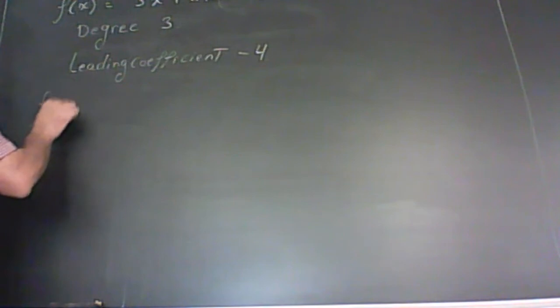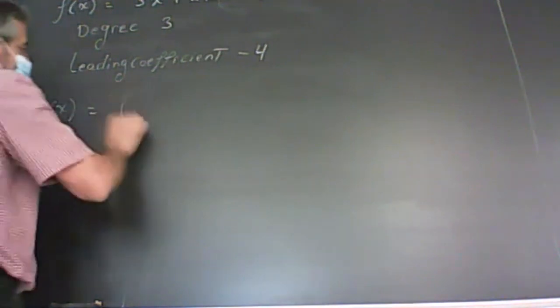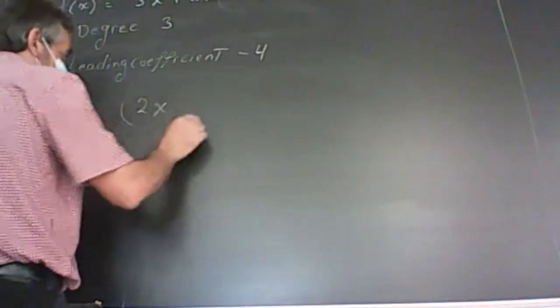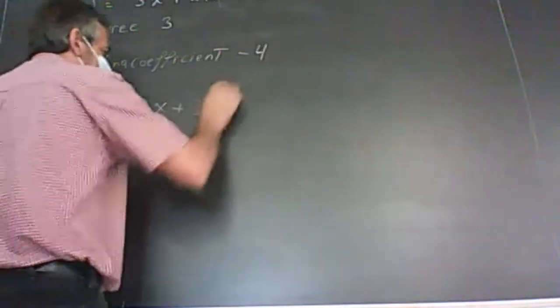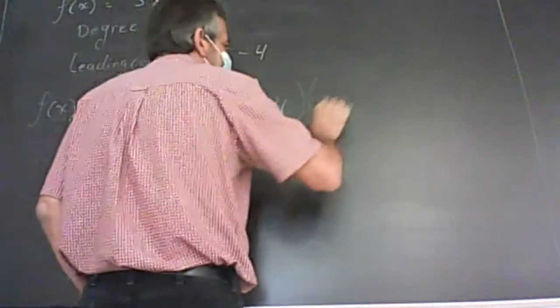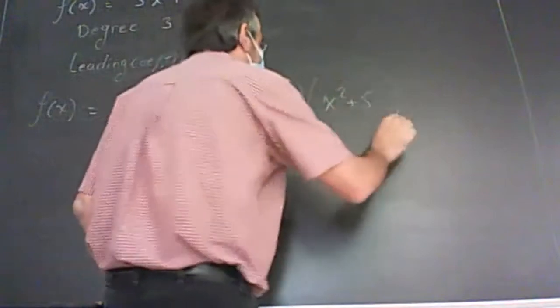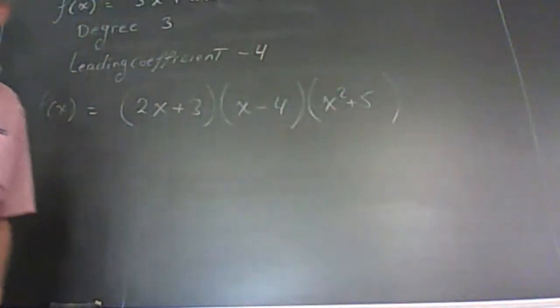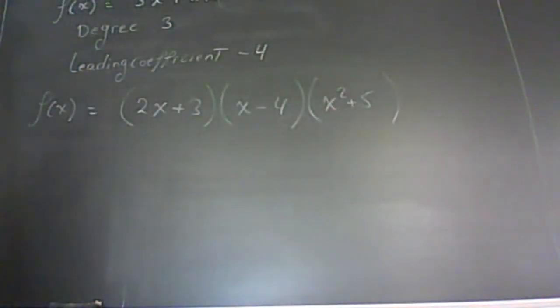Consider, for example, f(x) = (2x + 3)(x - 4)(x^2 + 5). And again, we're also interested in finding out the degree and the leading coefficient of this polynomial.